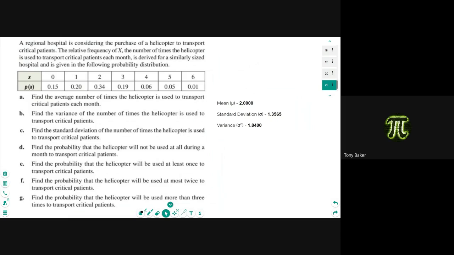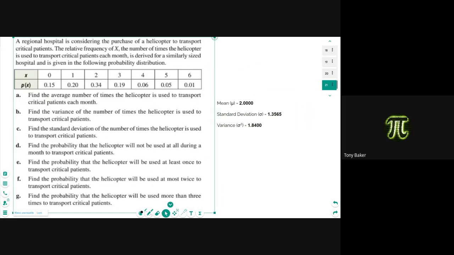Find the probability that the helicopter will not be used at all during a month to transport patients. 15%. There's only one, right? What's the probability that the helicopter will be used at least once?